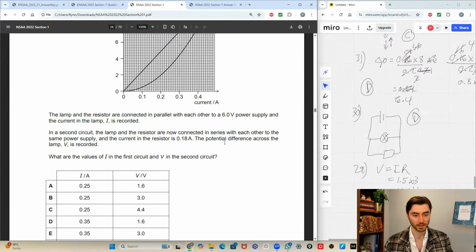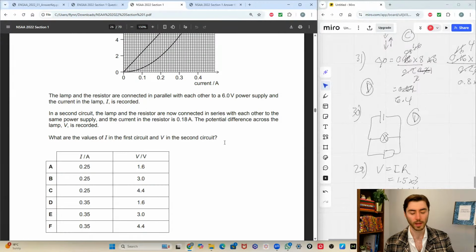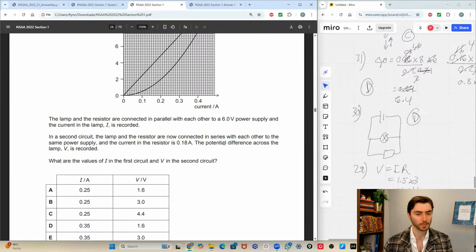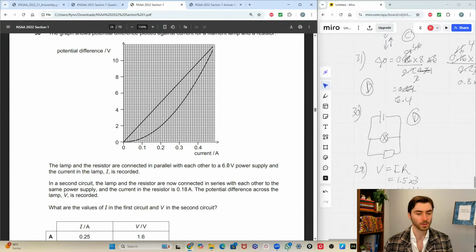I think I explained this okay. Potential difference. So here, in parallel, 6 volts. I know that they don't mark which one's which, but you know that the linear one is the resistor because that's ohmic. It's directly proportional.